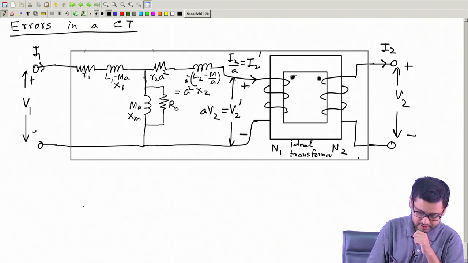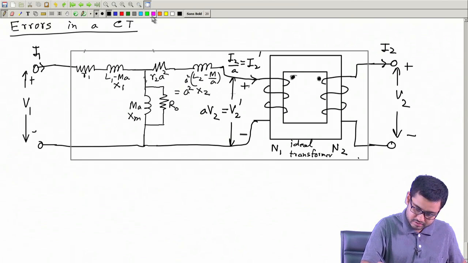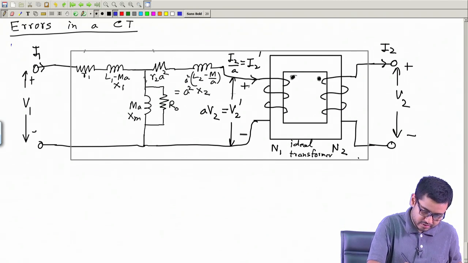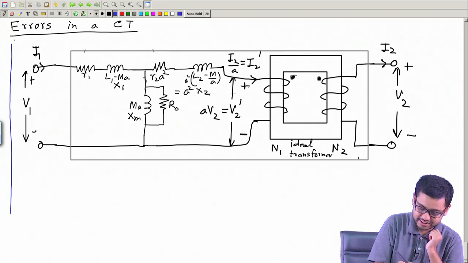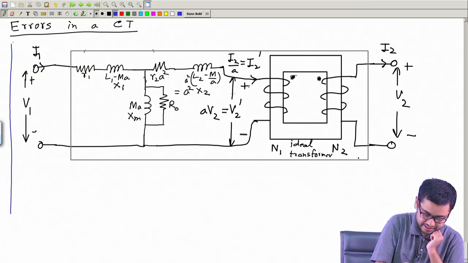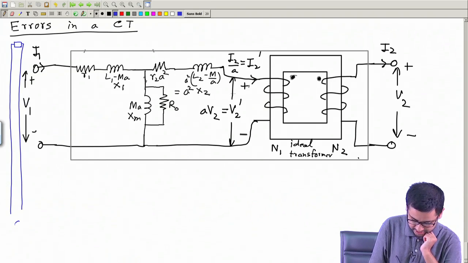If I have, say, a transmission line like this, which is carrying some current, it has a load, and this side is the source.